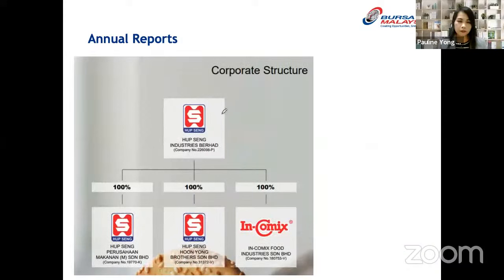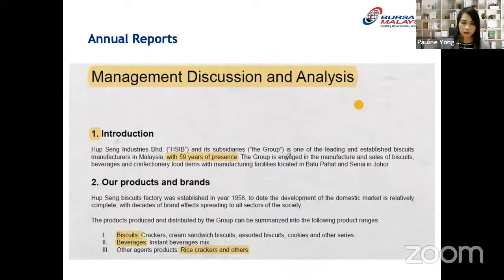In the first few pages, usually they will show you their corporate structure. In this case, you see that Hap Seng is this, followed by subsidiaries. These three subsidiaries are 100% owned. Okay, so that's a corporate structure.